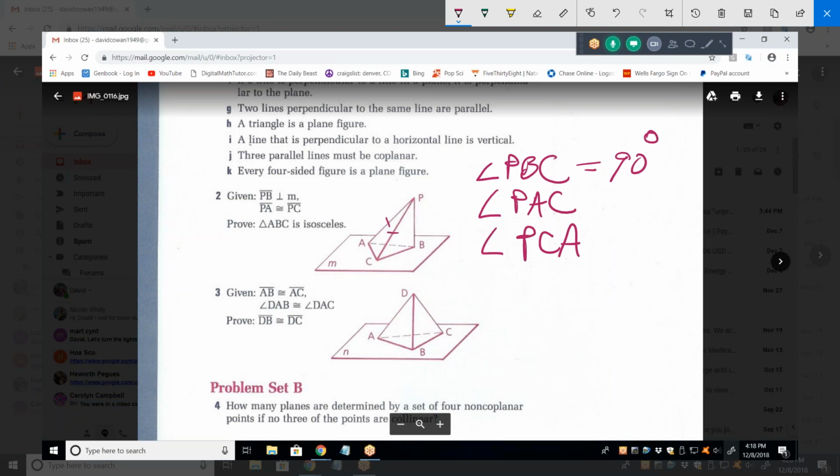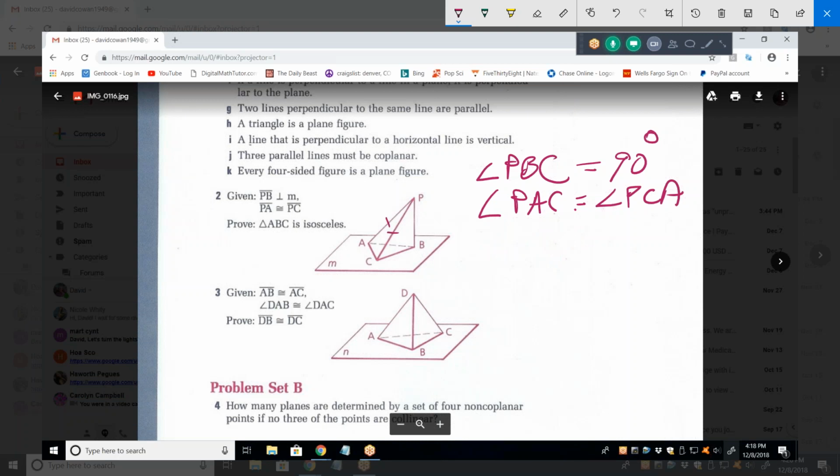Those are acute angles. They're equal. In other words, triangle PAC is isosceles. They're telling us that, which makes those two angles equal. So that's something else we know.